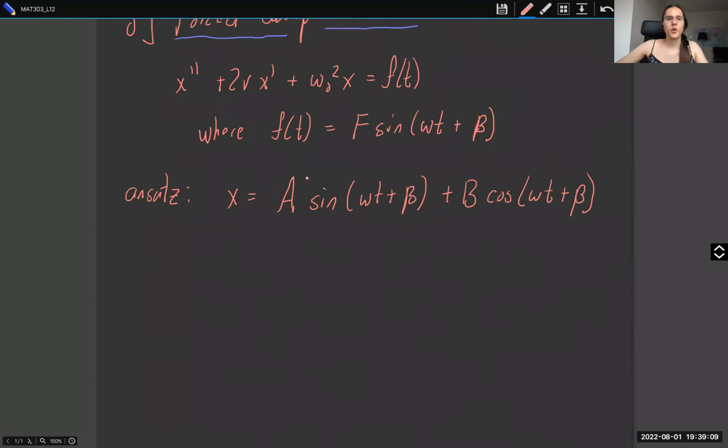Then what I'm going to get, when I differentiate, I guess for the sine term, is a times negative omega squared.